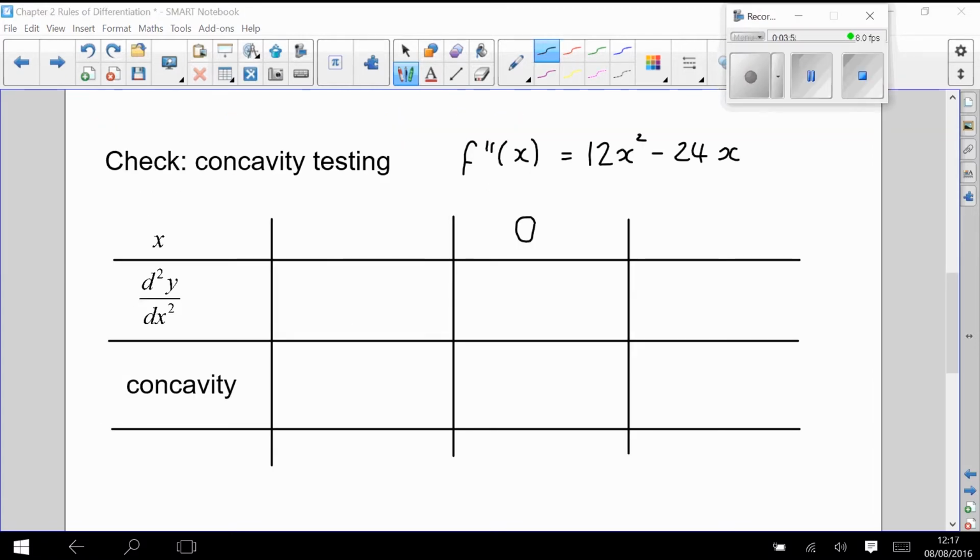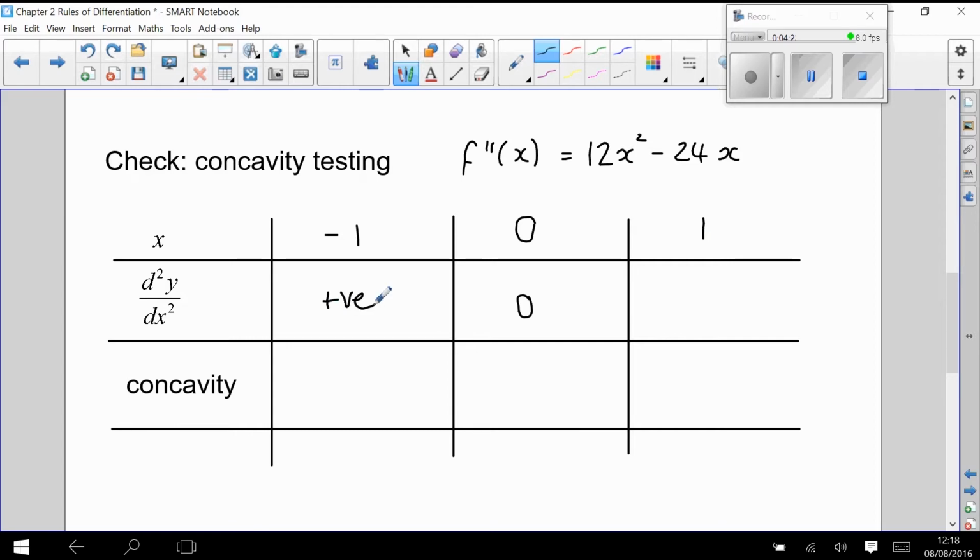So as we saw, when x was 0, the second derivative was 0. I'm going to test a number just smaller than 0. An obvious number to test is when x is minus 1. I'm also going to test a number just bigger than 0. And for that, I'm going to choose 1. Now for the first answer, I find the second derivative when x is minus 1, and my answer is going to be a positive number.